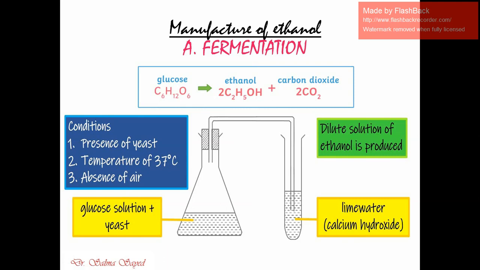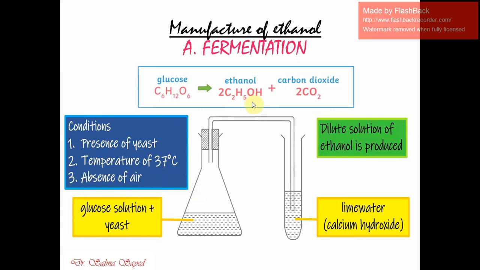So in the case of fermentation, which is the first method, I basically need glucose as my raw material or substrate, in the presence of yeast as a catalyst and a suitable temperature of 37 degrees, because yeast contains a biological catalyst or an enzyme, so to avoid its denaturation I need an optimum temperature, and I need airlock or anaerobic conditions, which is the absence of air.